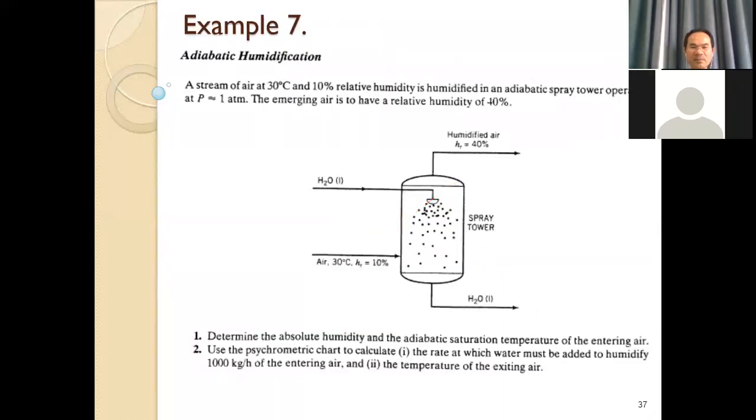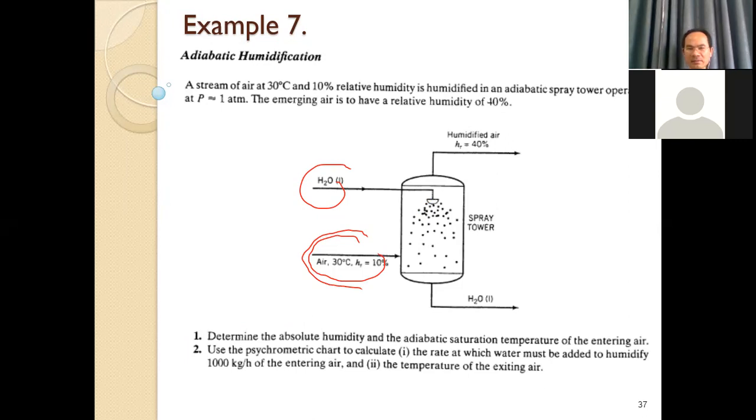If we look at our example, we have a stream of air at 30 degrees Celsius and 10% relative humidity entering the humidifier. It operates as an adiabatic spray tower. We spray liquid water to contact with the air.